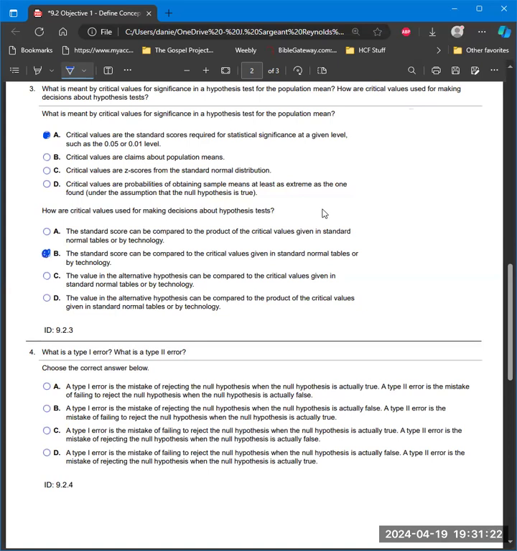Lots of times we draw a picture and say that our critical Z value is here, and then we have a rejection region that gets made from that, and then we test to see if our test statistic Z falls in the rejection region, and if so, we reject H naught, or if it falls somewhere not in the rejection region, then we fail to reject H naught. So we usually write a rule for how to make a decision.